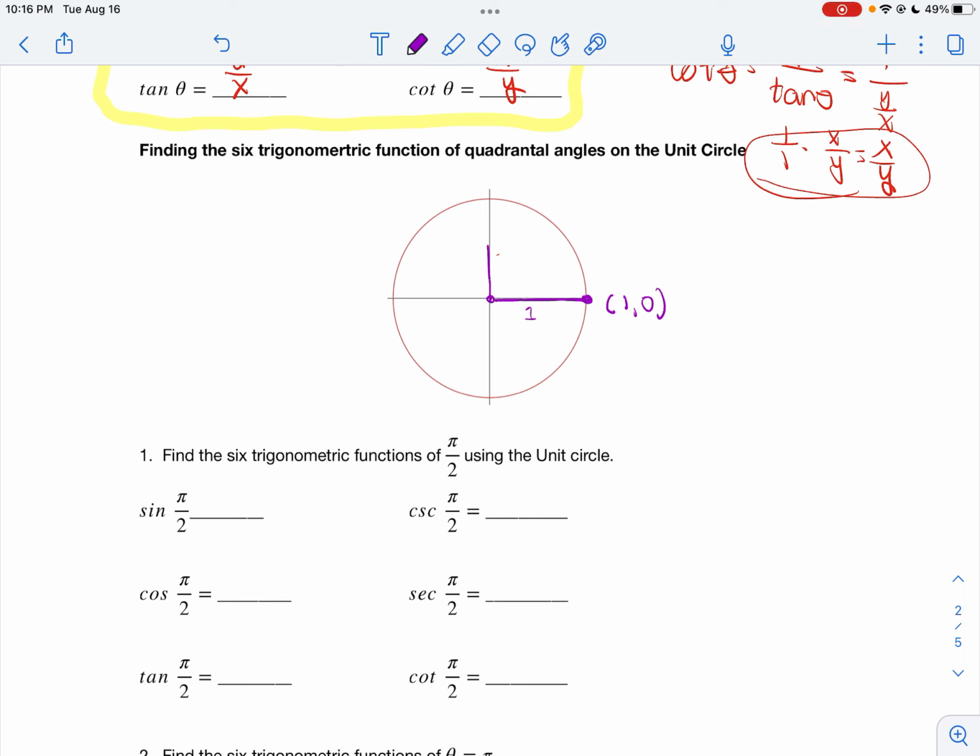And then if I wanted to do 90 degrees, my x is 0, my y is now 1. If I wanted to do 180 degrees, my x is now -1, my y is 0.